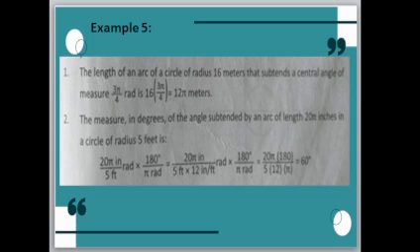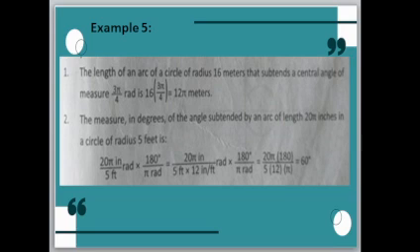Number 1. The length of an arc of a circle of radius 16 meters that subtends the central angle of measure 3 pi over 4 radian is, again, what's the formula? S is equal to the given radius times the given angle in radian.